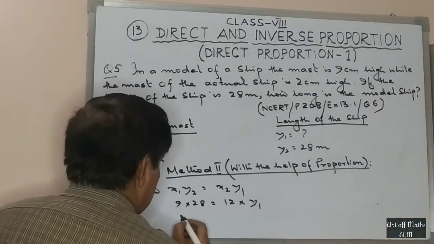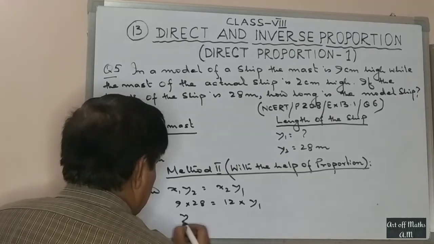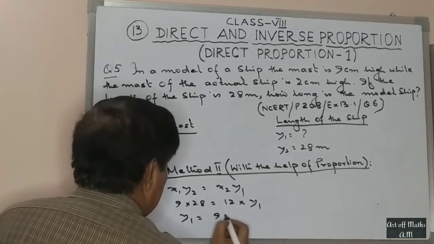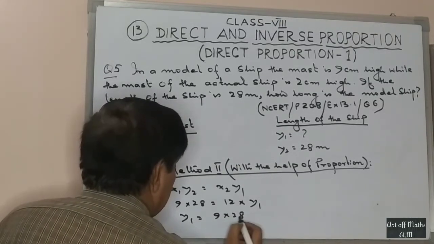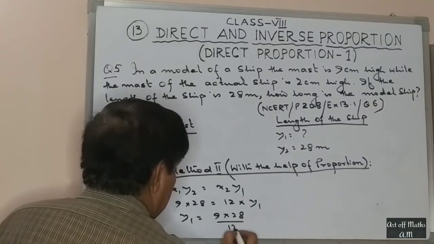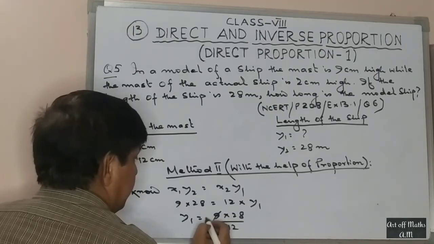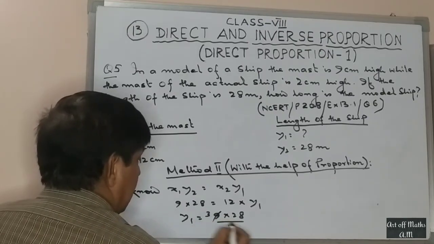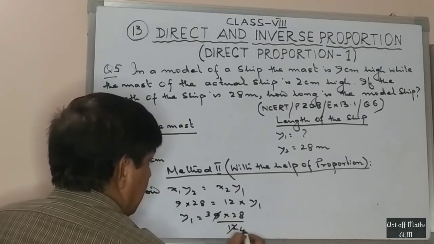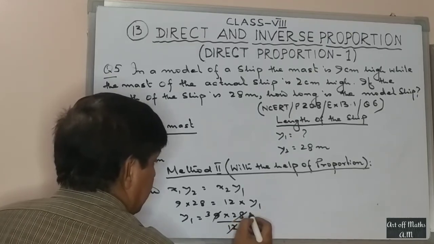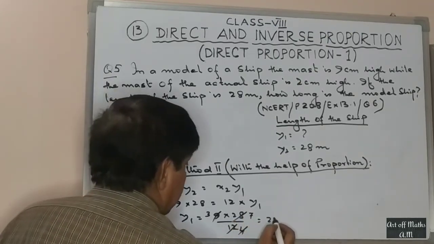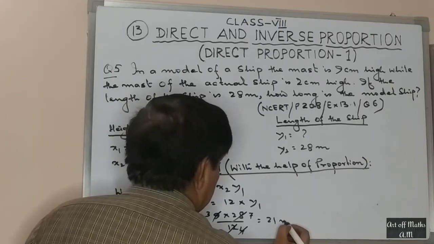That means y1 equal to 9 into 28 divided by 12. 12 is 3 fours, so 3, 7, 21 meter.